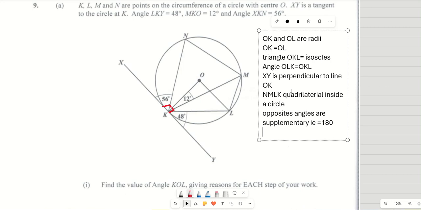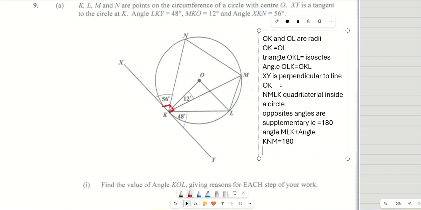So we can say that angle MLK plus angle KNM is equal to 180.